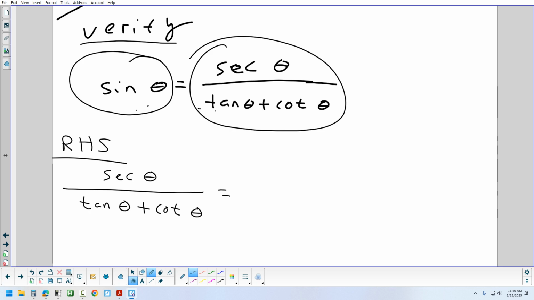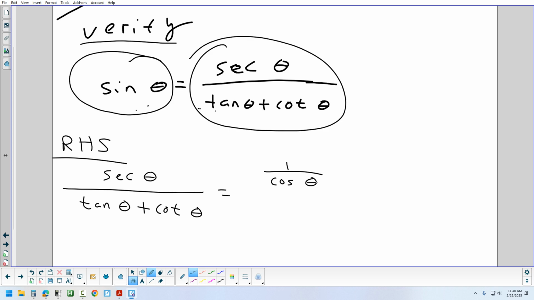Okay. Let's start with secant. What is secant? 1 over cosine. And one thing that'll really mess you up is if you copied the identities wrong off the board and you accidentally do that as 1 over sine, well now it's probably going to be a mess because you're not going to get anything to cancel.